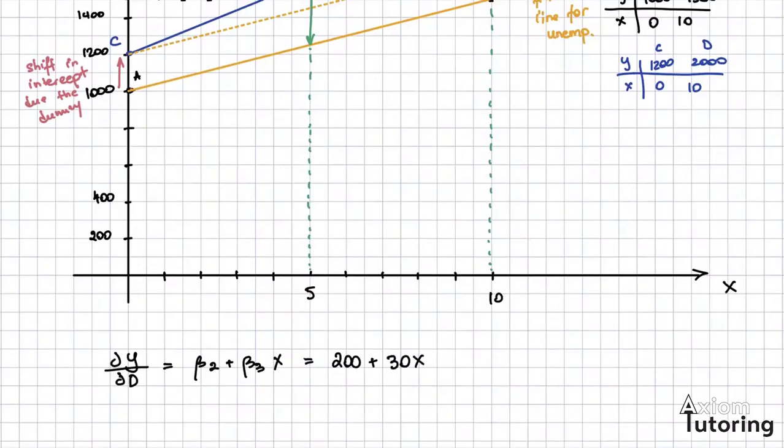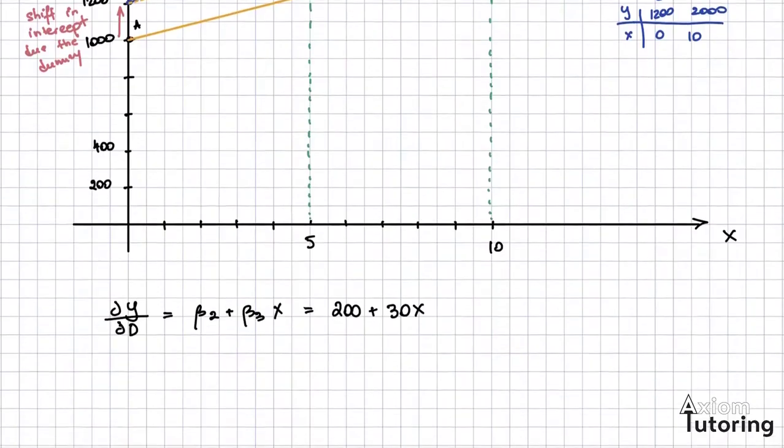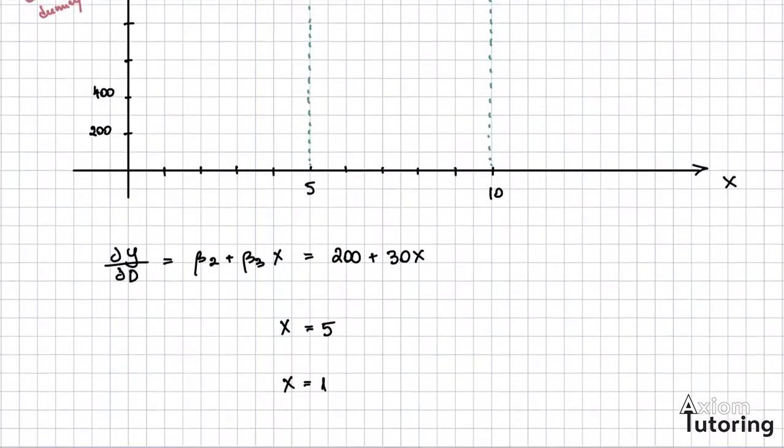We computed this at two points, if you remember: at x equal to 5 and at x equal to 10. For the first case, the effect was 350, and for x equal to 10, this partial derivative was 500.